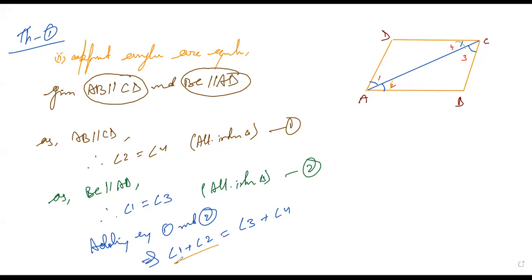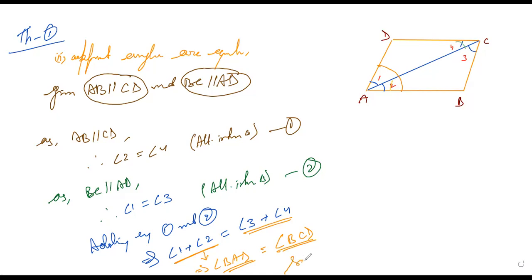So the sum of angle 1 and 2, what you can say, that is angle BAD, it is equal to this angle, which is angle BCD. So these two angles are equal. When these two angles are equal, then you get the result that the opposite angles are equal.